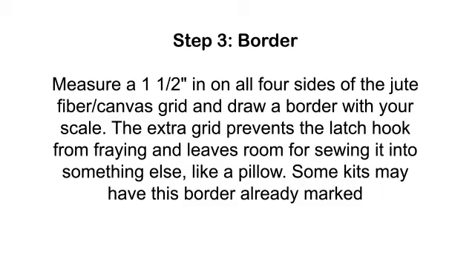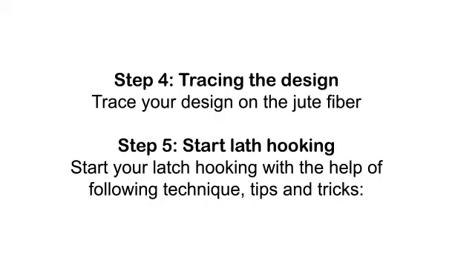Step 3. Border. Measure 1.5 inches on all four sides of the jute fiber/canvas grid and draw a border with your scale. The extra grid prevents the latch hook from fraying and leaves room for sewing it into something else, like a pillow. Some kits may have this border already marked.